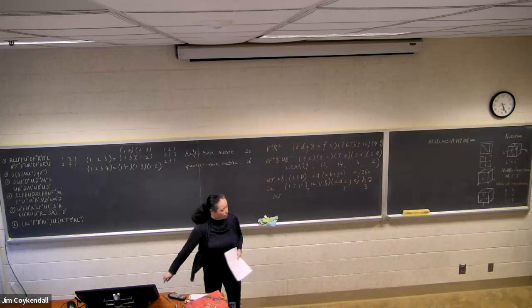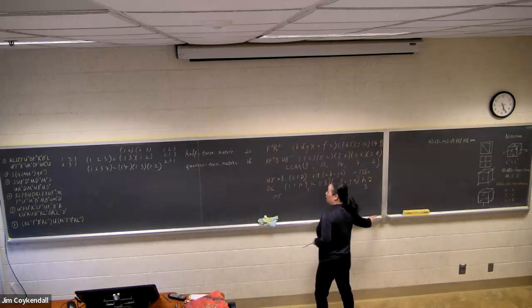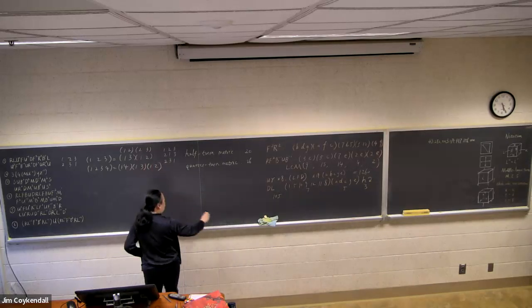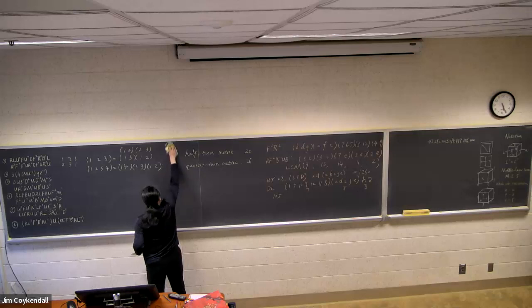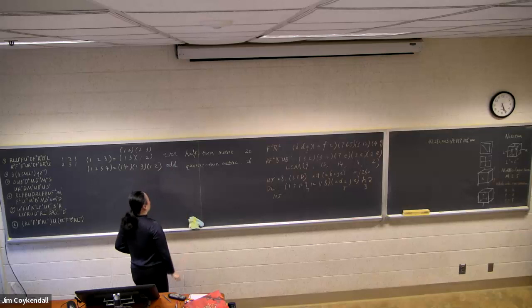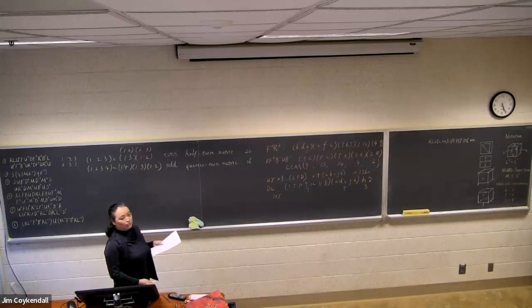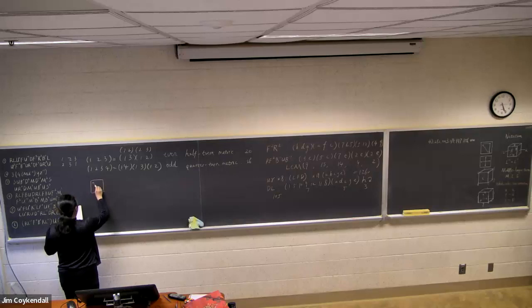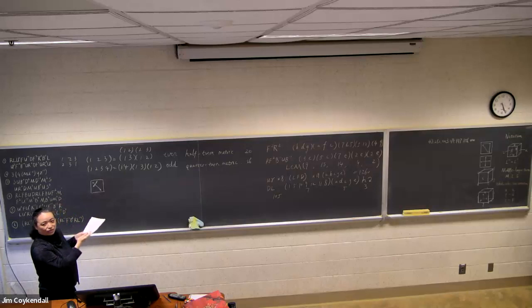So in the former case, the permutation is even. So this one is. This one is even. And in the latter case, it's odd. In terms of Rubik's Cube, for example, if you swap two corners and two edges, is that an even or odd permutation?